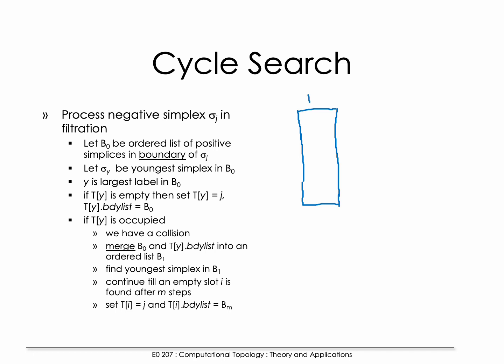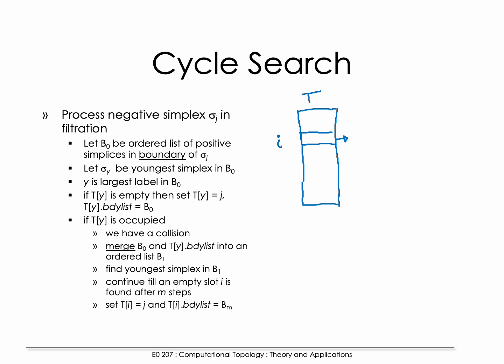So this is our T, and the ith entry is what we care about, and note that the ith entry also has a boundary list, right? That's like any other hash table.